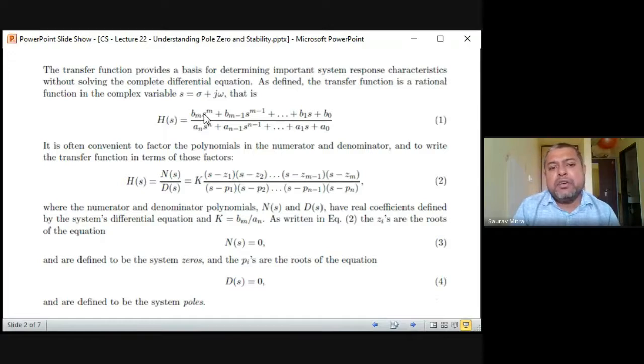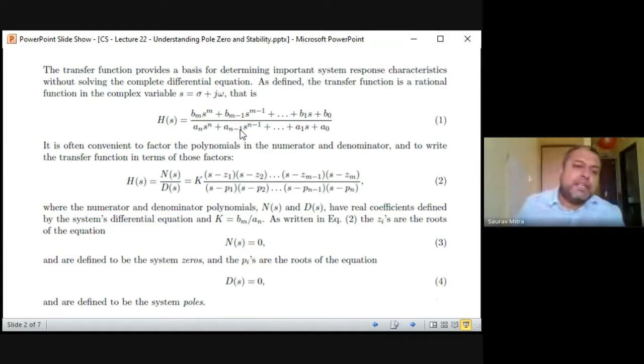The power of the numerator polynomial is m. The power of the denominator polynomial is n. And in this case, n is generally greater than m. So the denominator power of s is generally greater than the numerator power of s. So this is a proper transfer function. A proper transfer function is one where the numerator polynomial degree is less than the denominator polynomial degree.